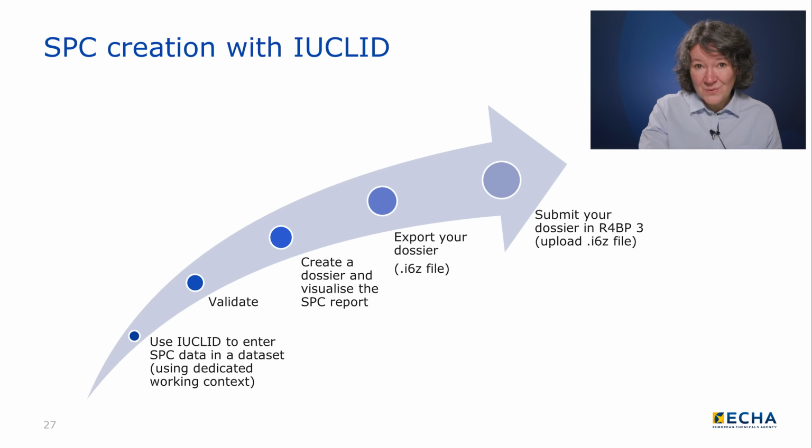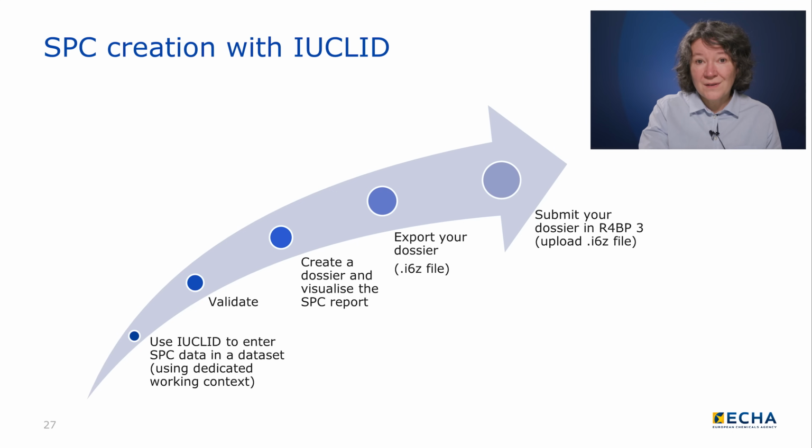Now I would like to summarize the workflow for SPC creation with IUCLID. The first step: you use IUCLID to enter SPC data in a dataset. The most important thing is to use the dedicated working context, which is BPR, Summary of Product Characteristics, SPC.